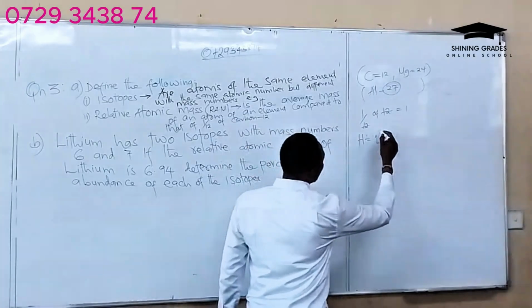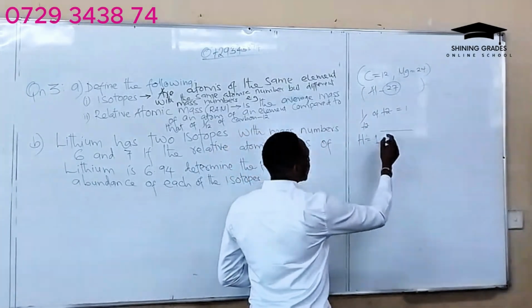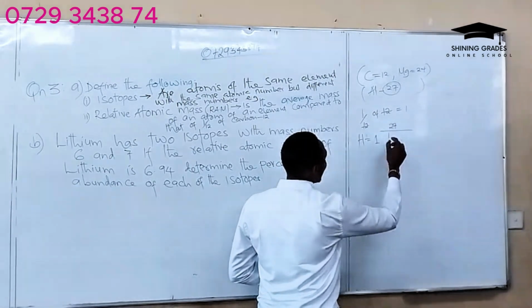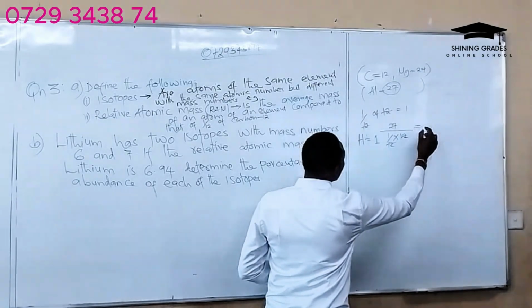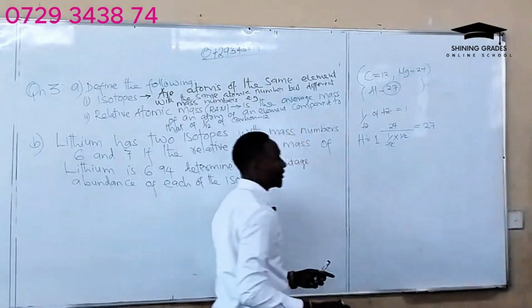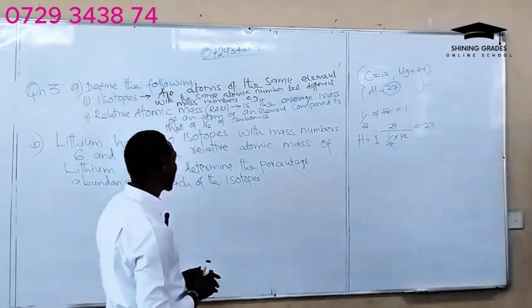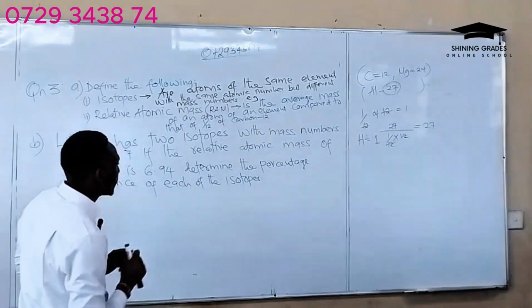Meaning if I bring on board aluminium, it will measure 27 times that of a 12 of carbon 12, and that will automatically be 27 as the relative atomic mass of that particular element.